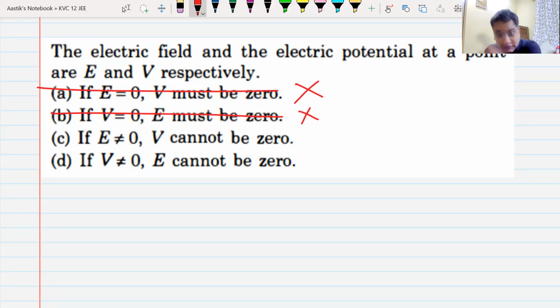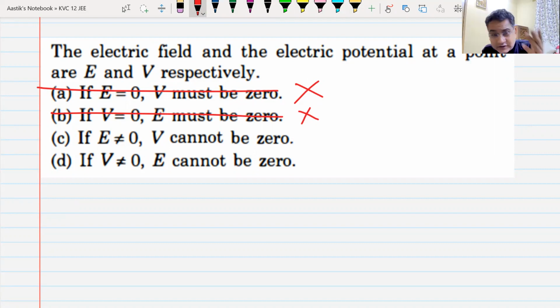If E is not equal to 0, V cannot be 0. Negative statements might give you a lot of confusion, so whenever you get a negative statement, think about it. You just have to find out a case where this doesn't happen. If E is not equal to 0, that means electric field is there.